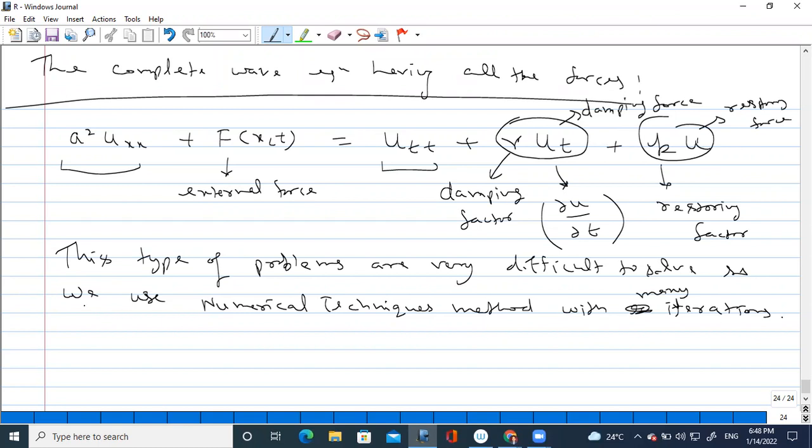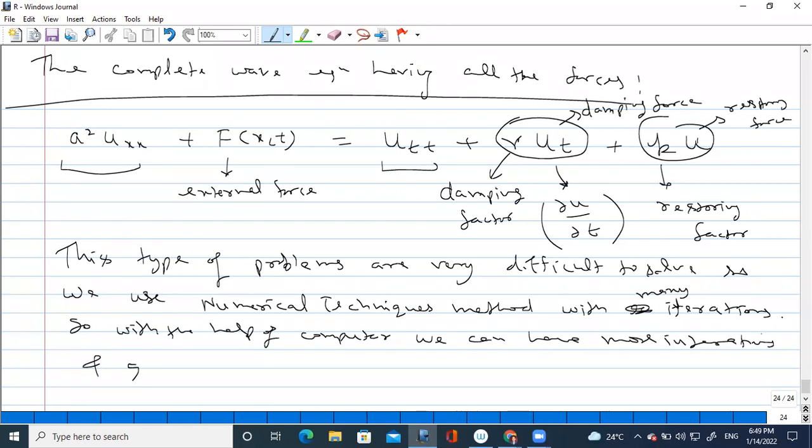Okay, so with the help of a computer, we can have more iterations and get the correct answer. So this type of equation can be solved by computer only.